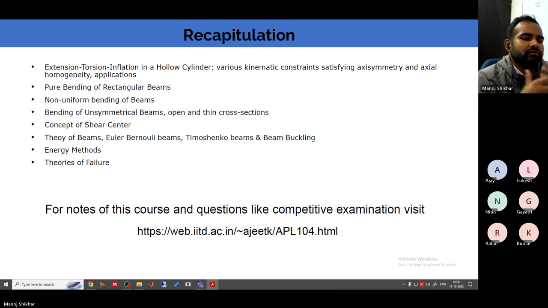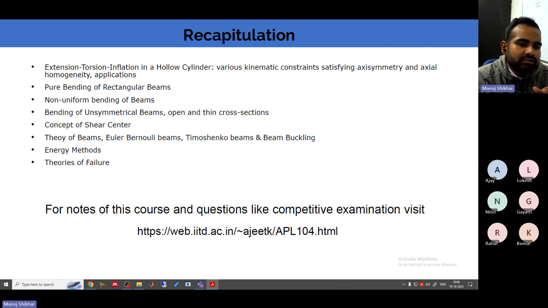Then we thought about what will happen if the cross-section of the beam is not symmetrical. Then the concept of shear center was discussed. After that, we discussed two theories of beams, Euler-Bernoulli beams and Timoshenko beams. And we also saw what beam buckling is.